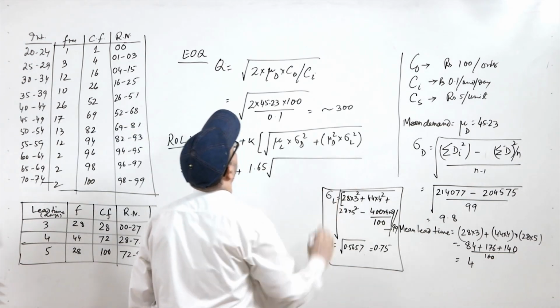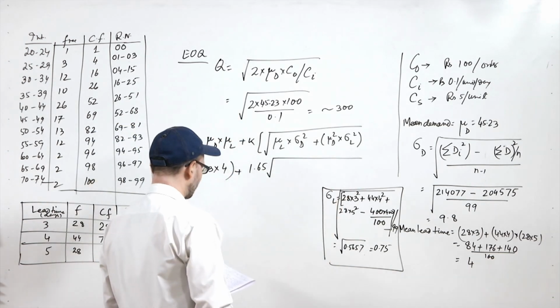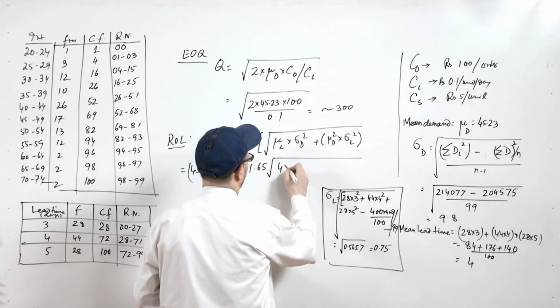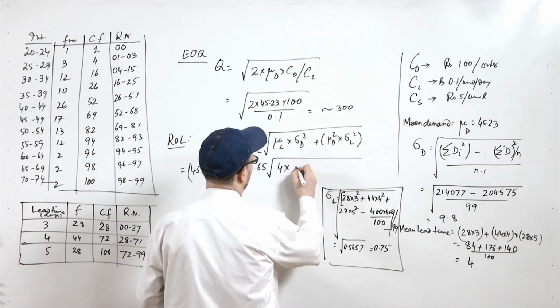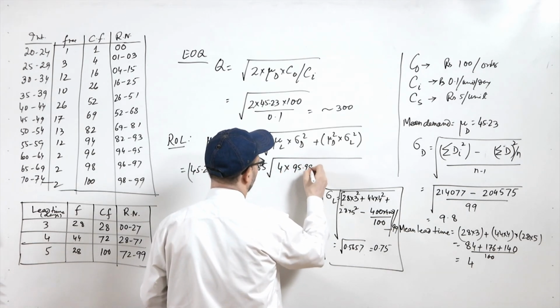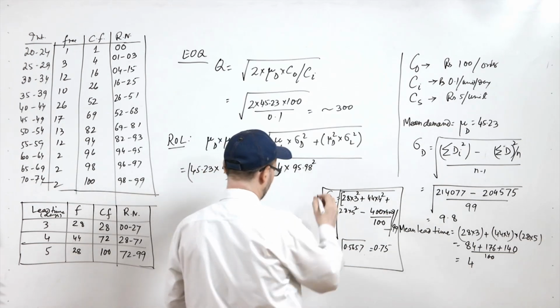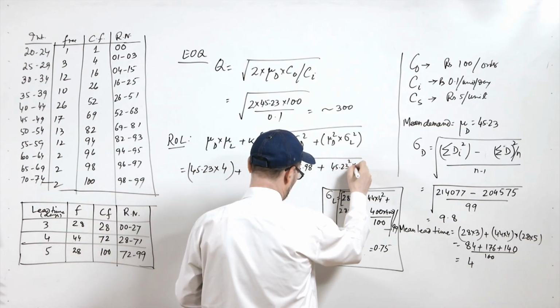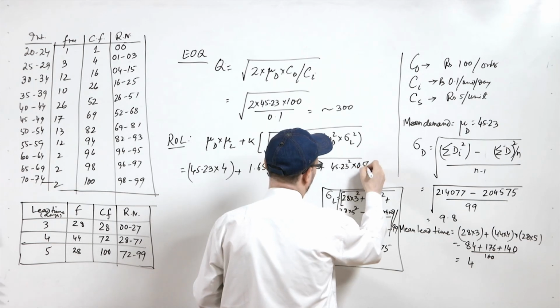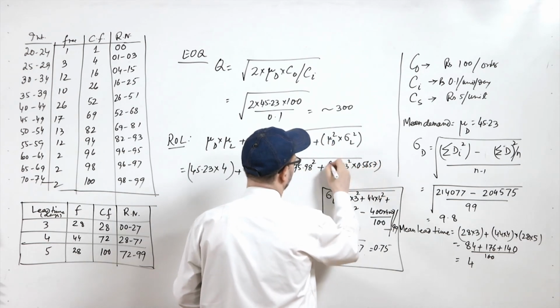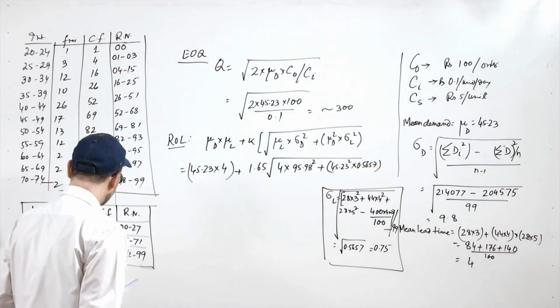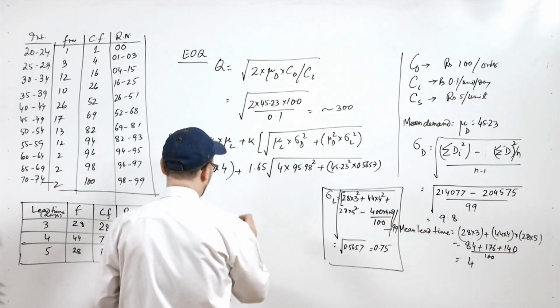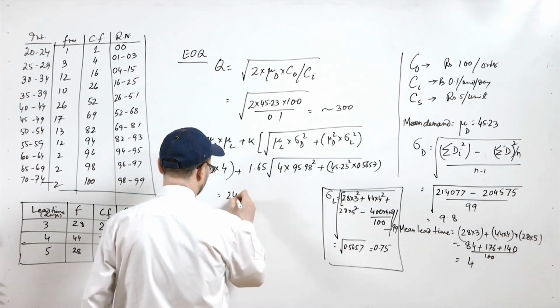Then putting in all these values, mu l is again 4, and sigma d squared, that is 95.98 squared, plus 45.23 squared into 0.5657. Once we compute that, we get the value of 245.